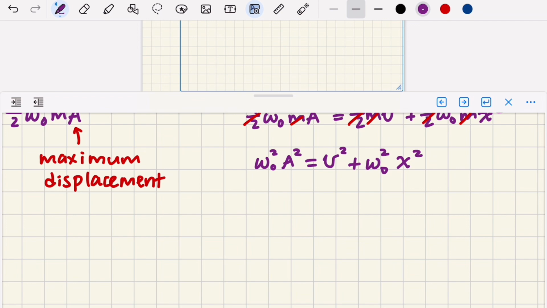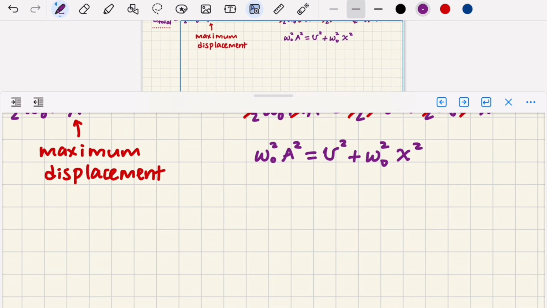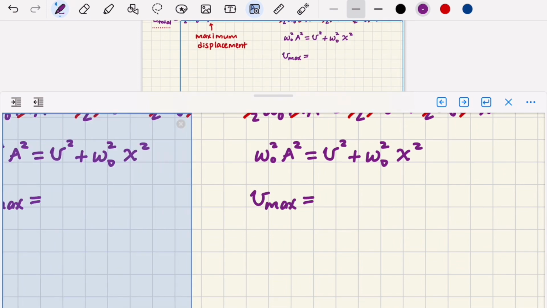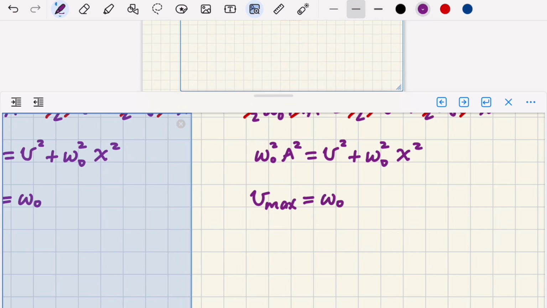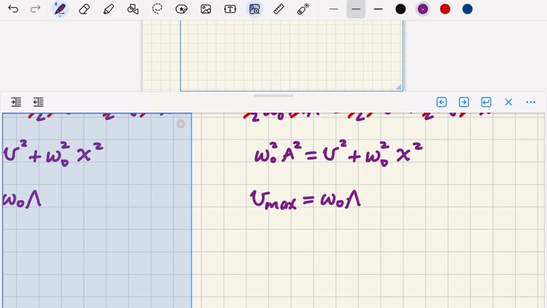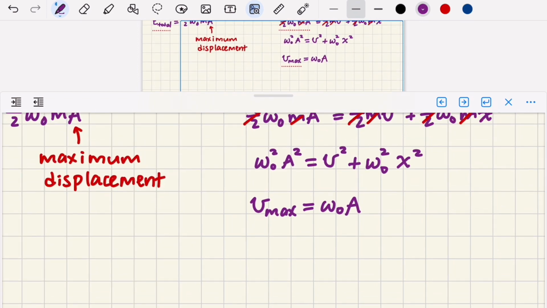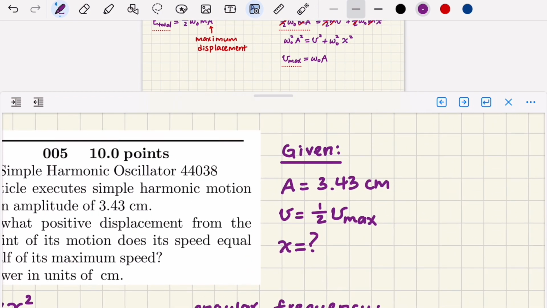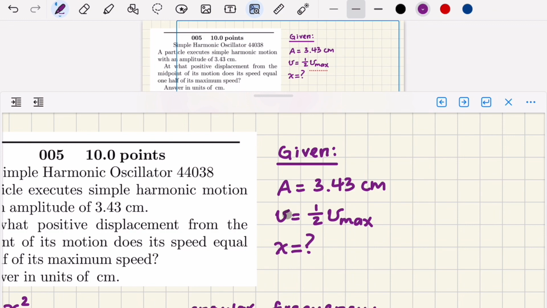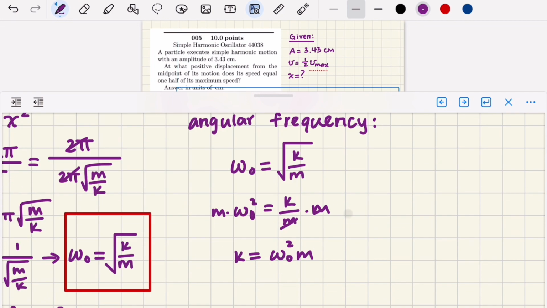And I'm not going to go into why this is the case, but the maximum speed of this oscillator, let's call it Vmax, is simply the angular frequency times the amplitude of the harmonic oscillator. And we were given a relationship that the velocity we are looking for is half its maximum speed, okay?